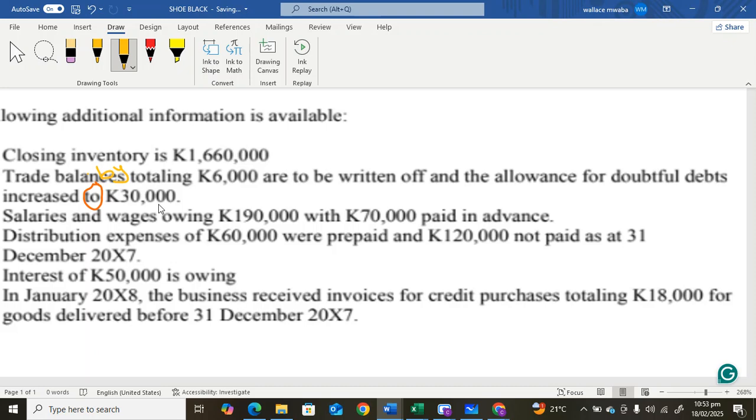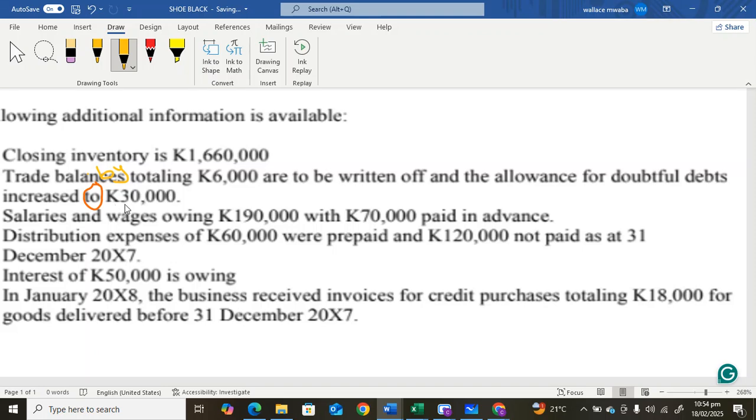So as I said, with allowance for doubtful debts, when there's an increase, it means you're expecting not to receive 30,000. This increase of 30,000 is telling us that we might not receive 30,000 from the people who are owing us money. Since we might not receive that money, it's like a loss to the company.